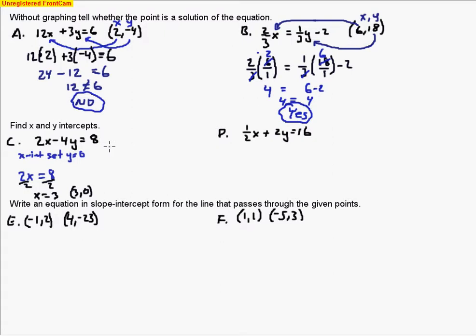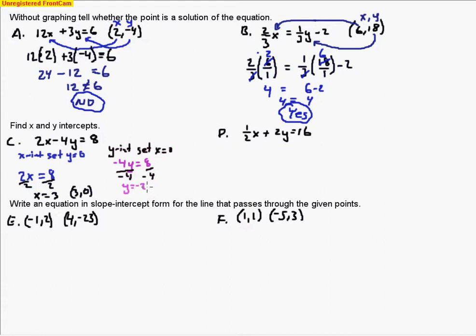Well, for the next one, the y-intercept is when we're going to set x equal to 0. So go ahead and set x equal to 0. All we have is that y term, negative 4y, and it equals the constant. And so you've got one step of dividing by negative 4, and we get our answer. So there it is. We've got a y value of negative 2.